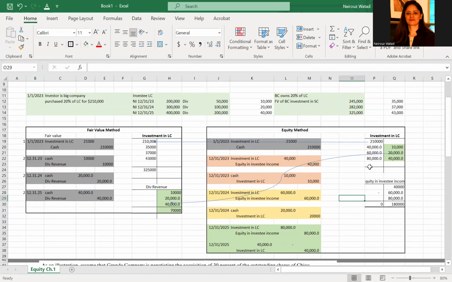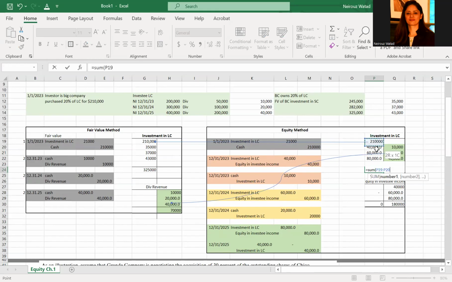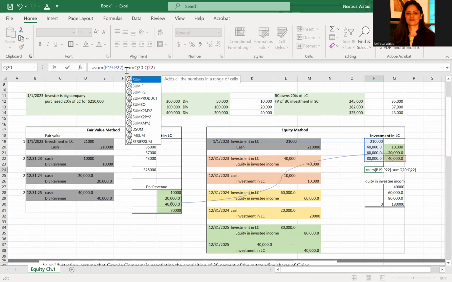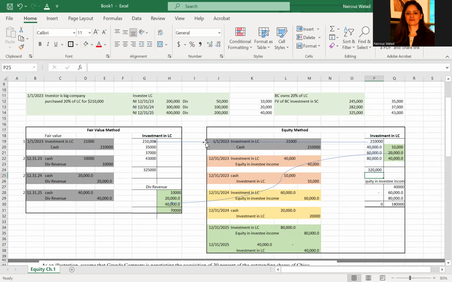So notice here that the investment in LC account is different under the equity method when compared to the fair value method.